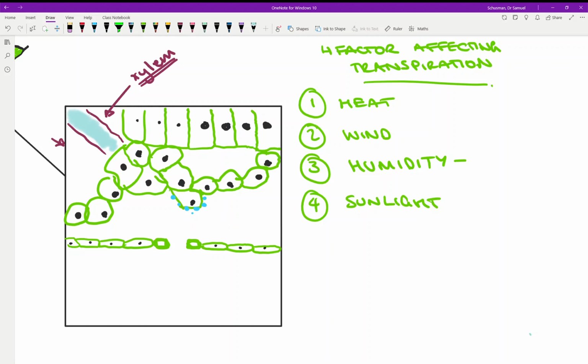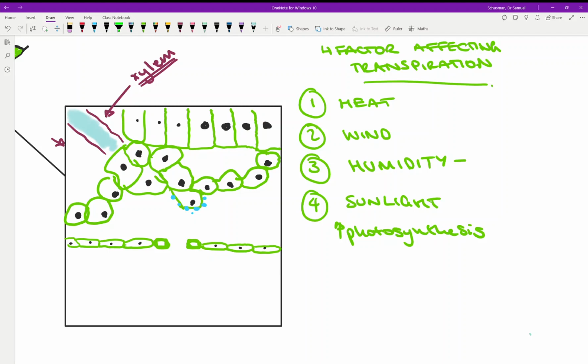So, when there is increased sunlight, your plants will be photosynthesizing more. So you're going to get increased photosynthesis. When photosynthesis is occurring, you need the stomata open. And the more photosynthesis occurring, the wider your stomata will be open.